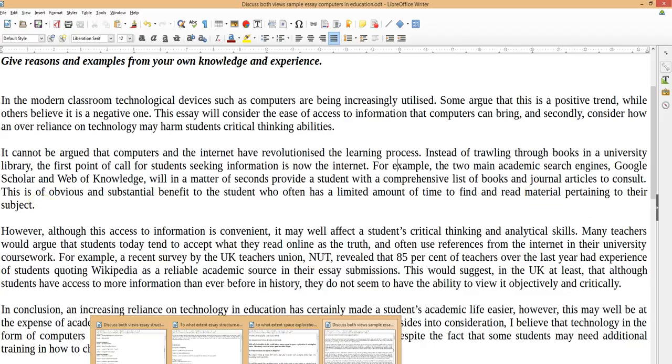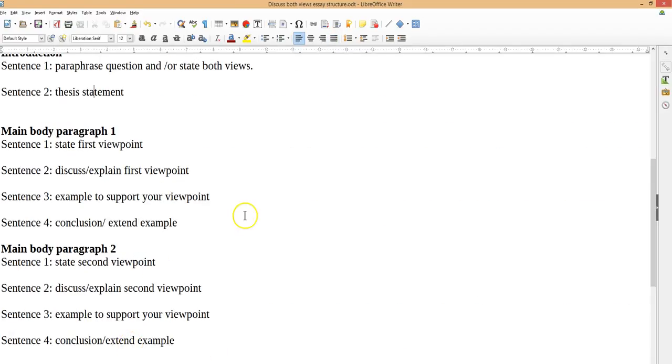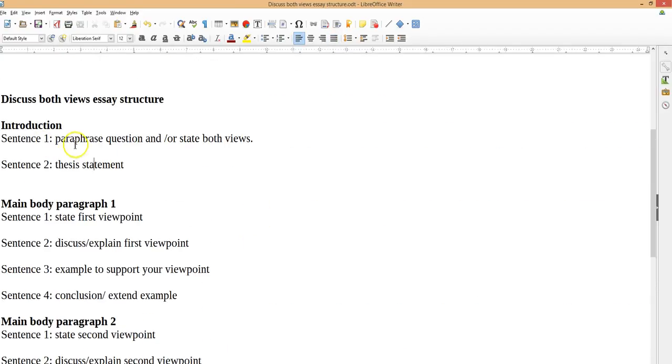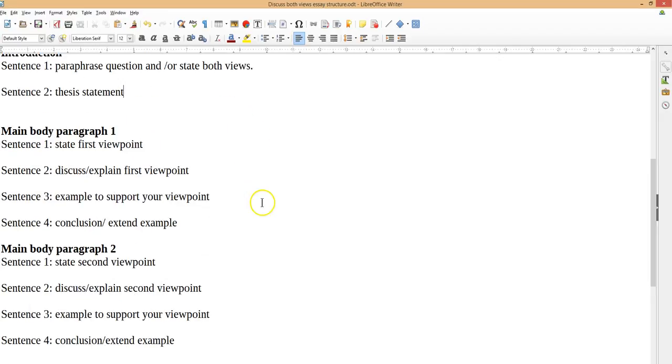So in terms of the structure, that's not bad. I paraphrased the question, stated both views, thesis, what my two main ideas are, and then stated my first view. The internet's great, explain it, you can access more information.